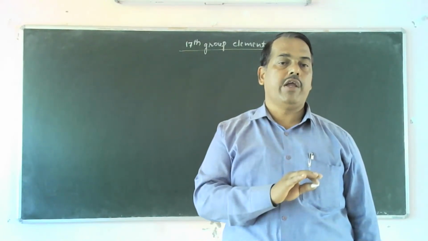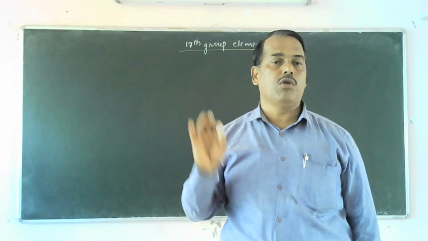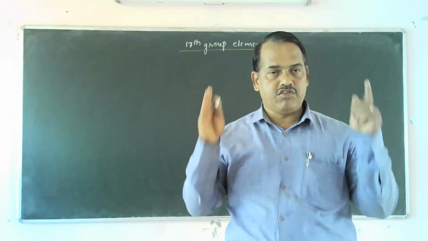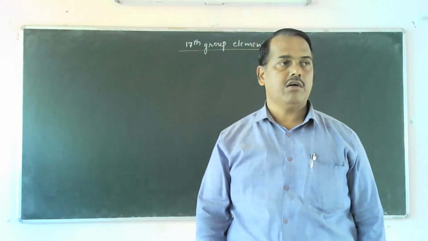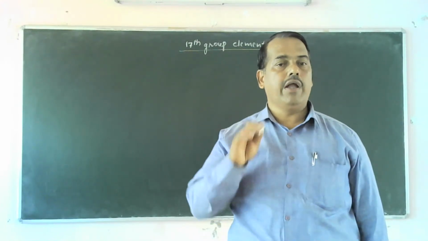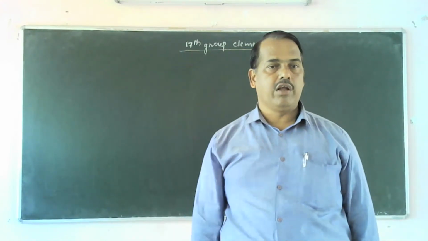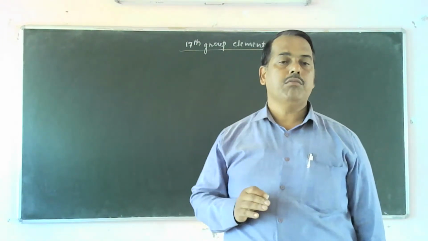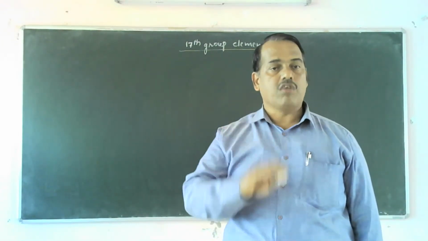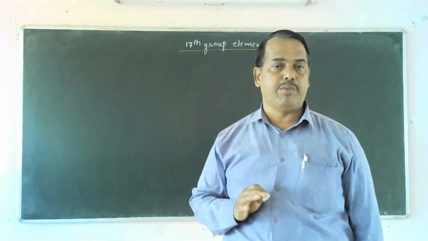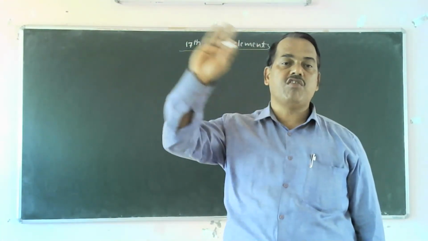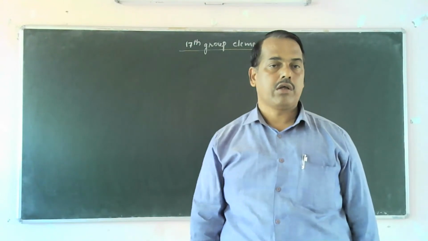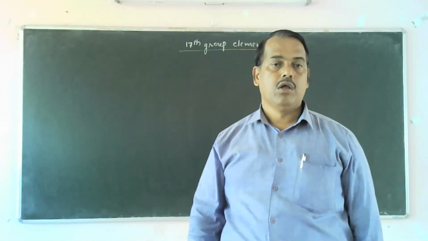It is nothing but a saturated solution of sodium chloride. It is taken in a Nelson's tank and it is electrolyzed. Are you clear? So at that time, caustic soda, sodium hydroxide is prepared, but chlorine gas is evolved as a byproduct at the anode.